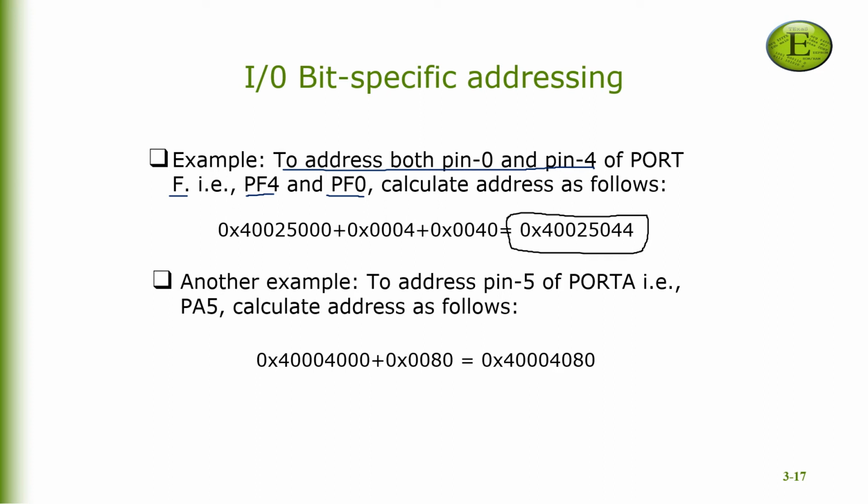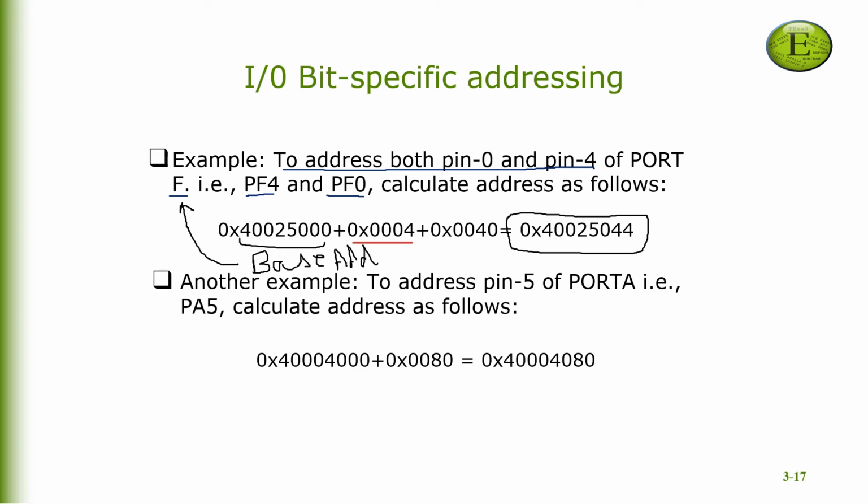Well, the first component is the base address. That is the base address of port F. So port F has a base address that is hex 4002500. And then the next two are the offset.